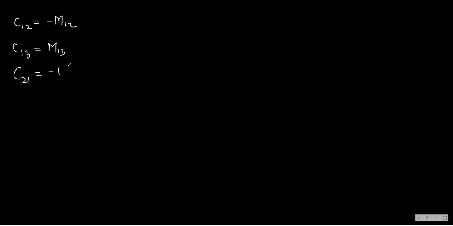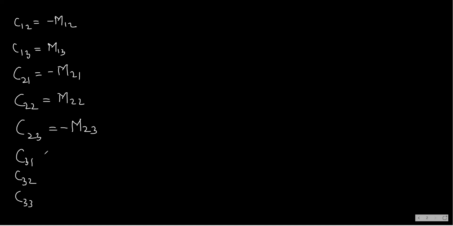C21 will be negative of M21. C22 will be M22. C23 will be negative of M23. Then C31 will be M31, C32 will be negative of M32, and C33 will be M33.